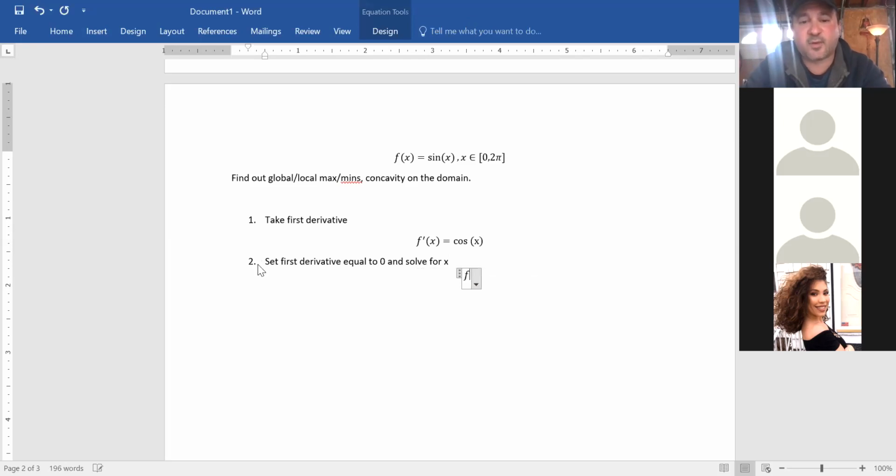So cosine of x is equal to 0. Therefore, x is equal to, so remember, cosine measures the horizontal distance to the vertical axis. And so that happens at pi over 2 and 3 pi over 2.